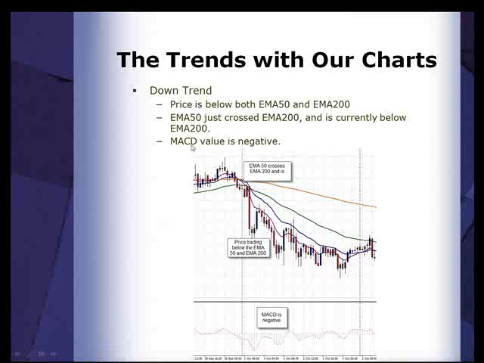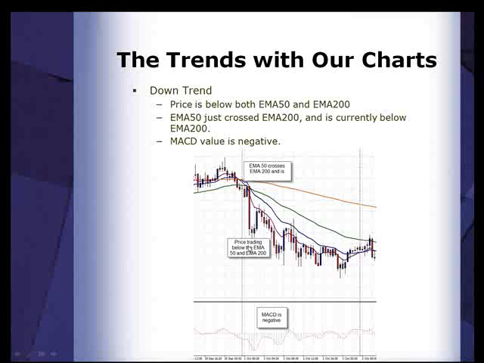For a downtrend, the criteria is mostly the same. It's just the opposite. The price is below the EMA 50 and the EMA 200. The EMA 50 has just crossed over the EMA 200 and is currently below the EMA 200, and the MACD value is negative. So looking at this chart again, we've got the EMA 50 crossing over the EMA 200 here, and it is currently trading below it.